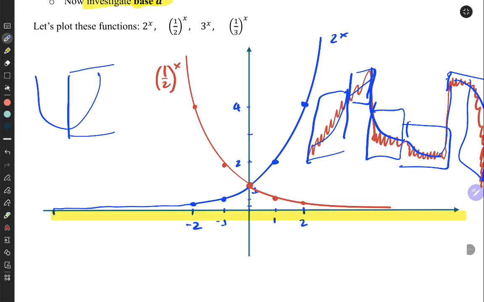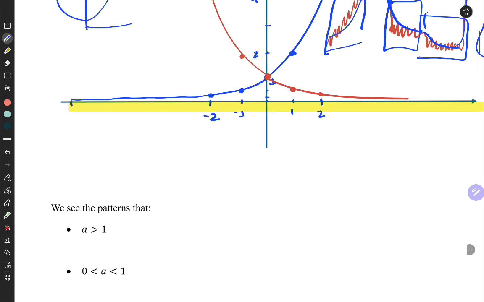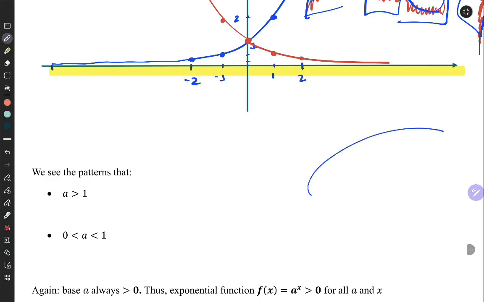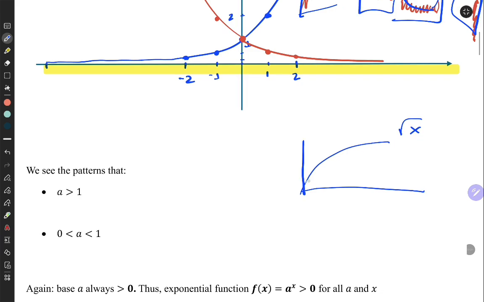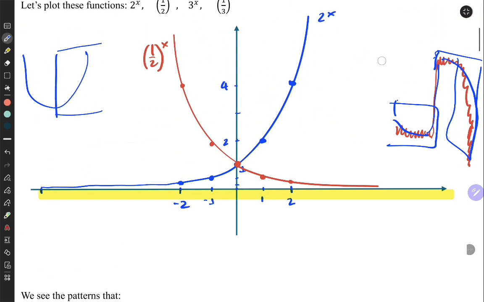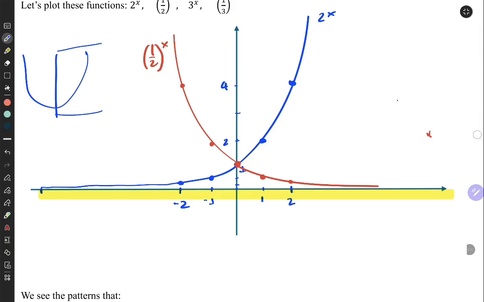Any equation, any function, anything that you've seen so far, the square root, or something like this, that's basically exponential. Everything you see and you're about to see for the rest of your life is some form of exponential.